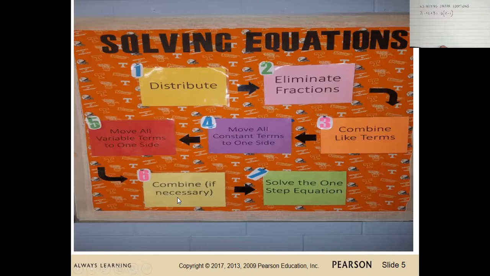If you had constants already on one side, you're just cleaning that up. And then your last step, obviously, is solve. So usually once you move everything over, by that point, most of the time there'll be a two-step algebra equation, but just depending where it's at. But I really do like this. I took a picture of it and I threw it into my PowerPoints, because if you ask yourself these steps as you're going through the process, it makes it a little bit easier.